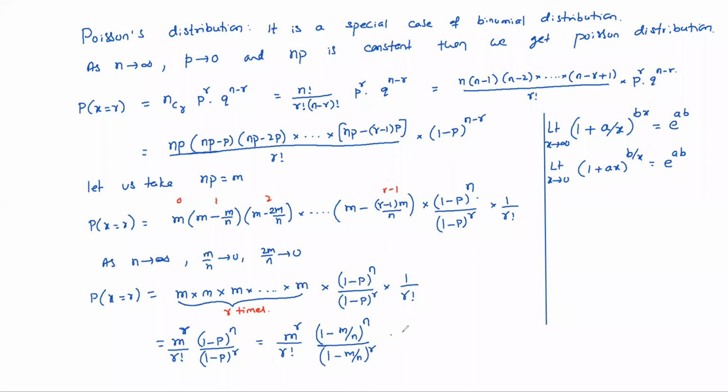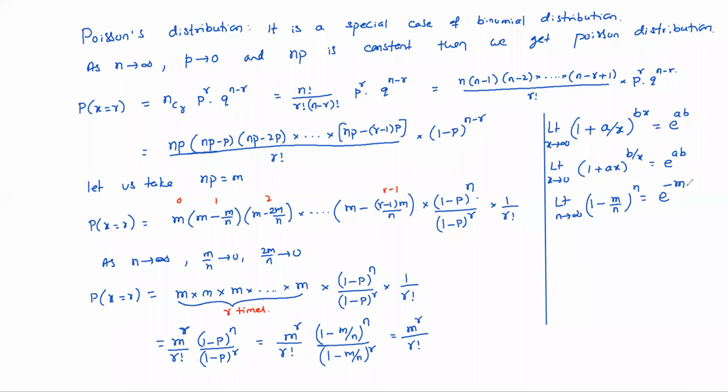Similarly, here now we can write m power r by r factorial. Limit n tends to infinity of 1 minus m by n to the power of n is nothing but e power minus m, where m is the factor there.